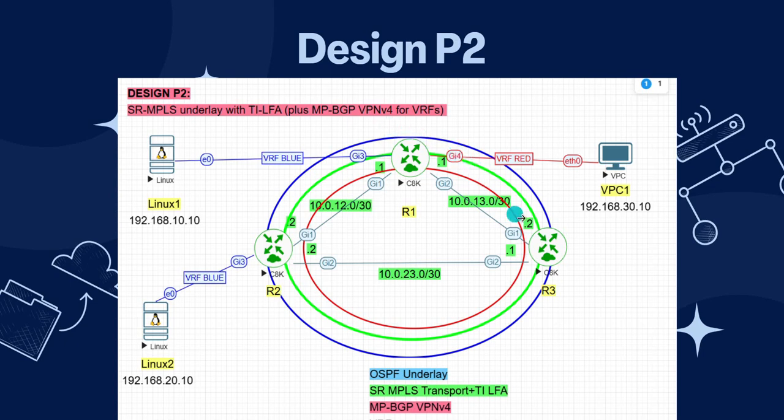This is the best one, so the convergence time is faster. And of course, in this design also, Linux 1 and Linux 2 use different VRFs, and the exchange is done using BGP.